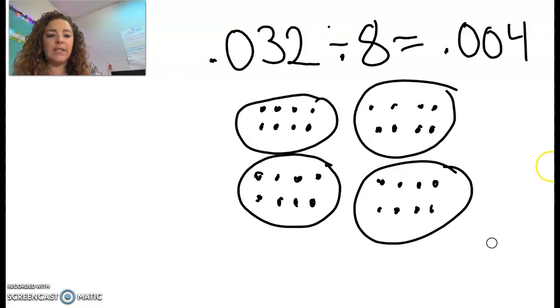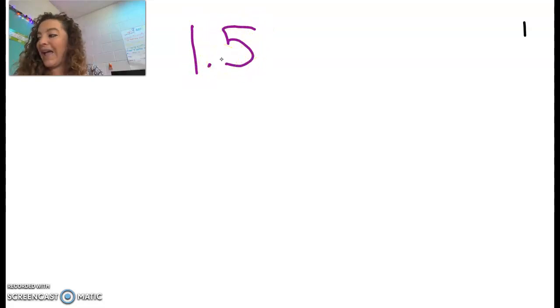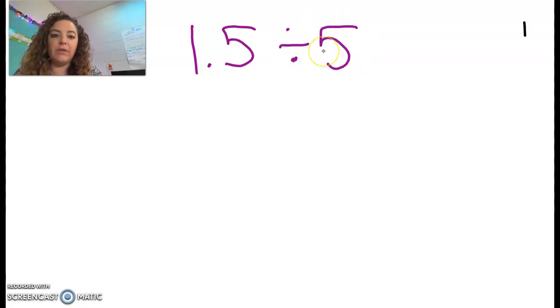Okay, let's give it one more shot at least and make sure you're understanding what we're doing here and what this division means. So if I take a whole number and a partial, so 1.5, is how we could say that. And I divide this by 5.